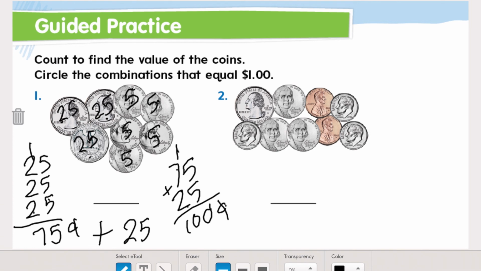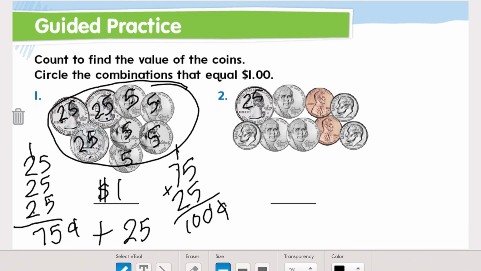That equals 100 cents, or we could say $1. Go ahead and fill that in. And then it says circle the combinations that equal 100, or $1, so we'll go ahead and circle that one. Now let's look at our next one.